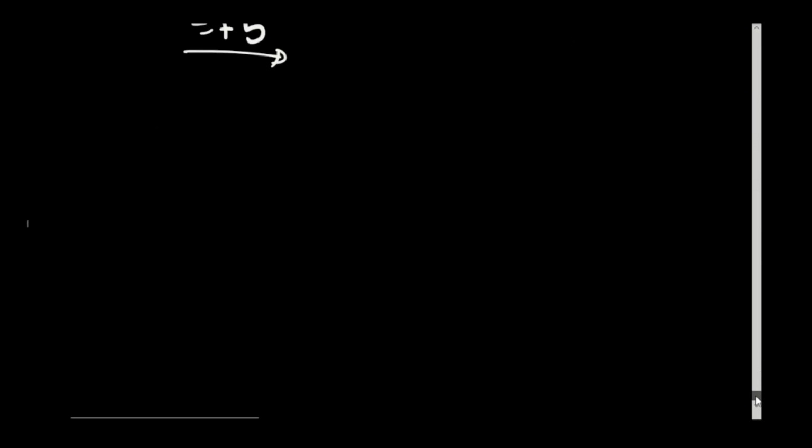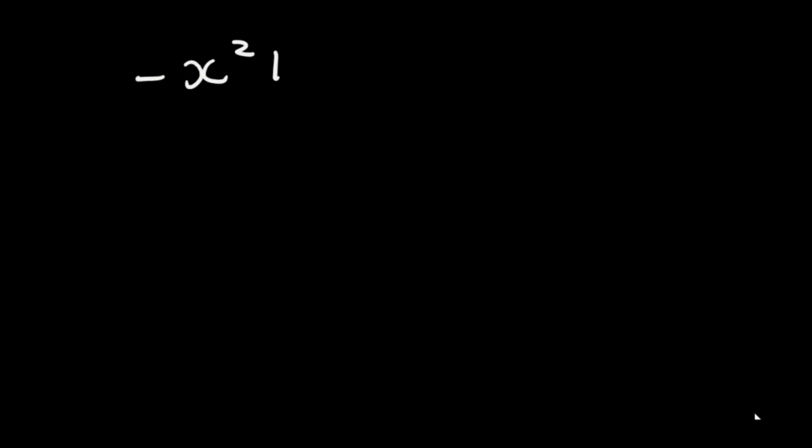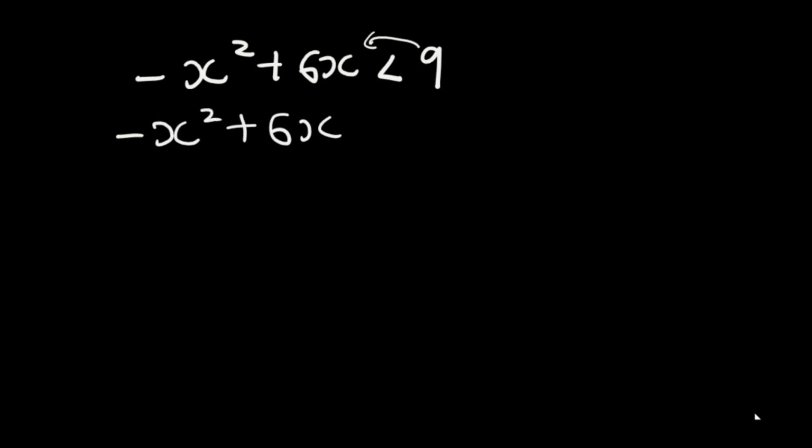So what we have here is minus x squared plus 6x less than 9, right? I'm going to transpose this 9 to the other side. I'm going to get minus x squared plus 6x minus 9 is less than 0, right? And then from here, you're having a negative here, which really affects the equation.